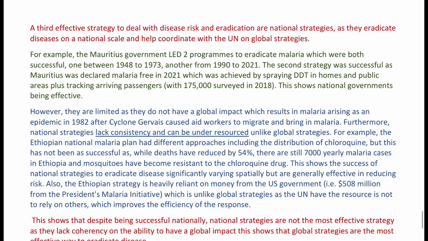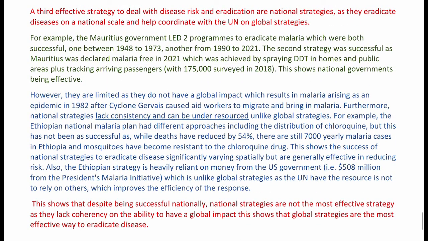But then I have talked about how national strategies sometimes lack consistency. There can be issues within countries that therefore lead to them not being eradicated. In the example of Mauritius, they had a cyclone that brought back the disease. In the example of Ethiopia, the malaria parasite became resistant to the chloroquine drug, and they also relied on external money.